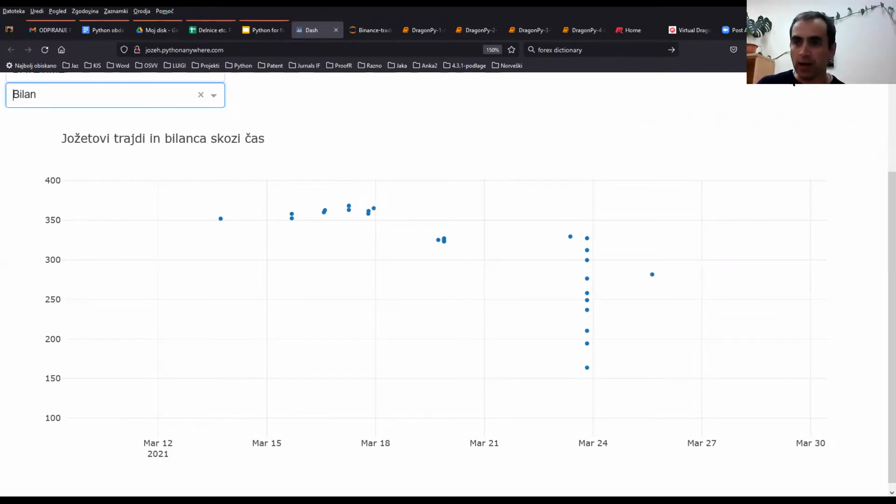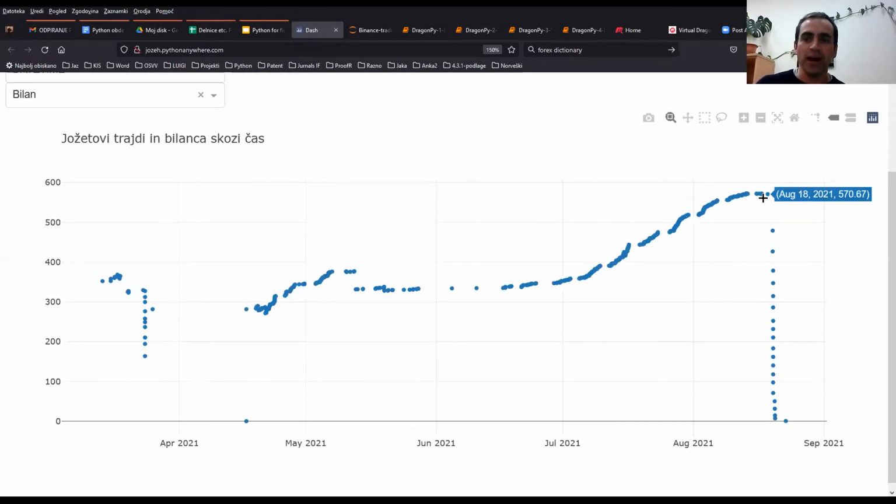Afterward, I did it manually in this application only, and I figured out one strategy that was working for me. But then I saw that too much was open, so I waited, and then I started again because all of the trades were closed successfully. So I started doing it manually, and I was again too aggressive, and I lost all the money.